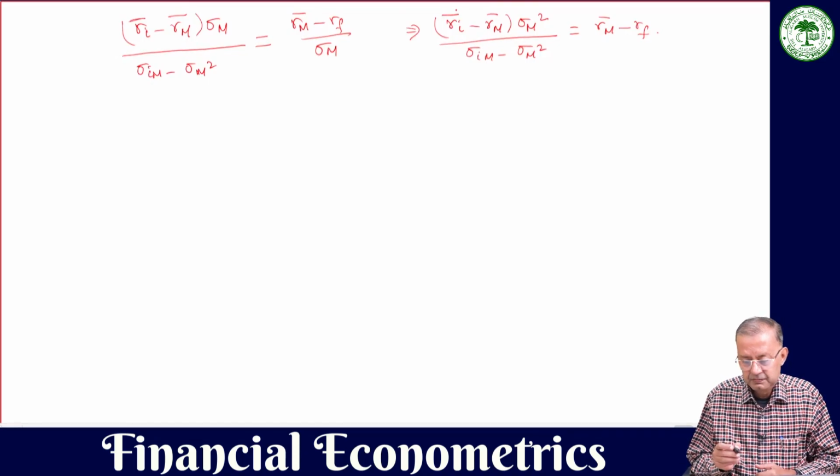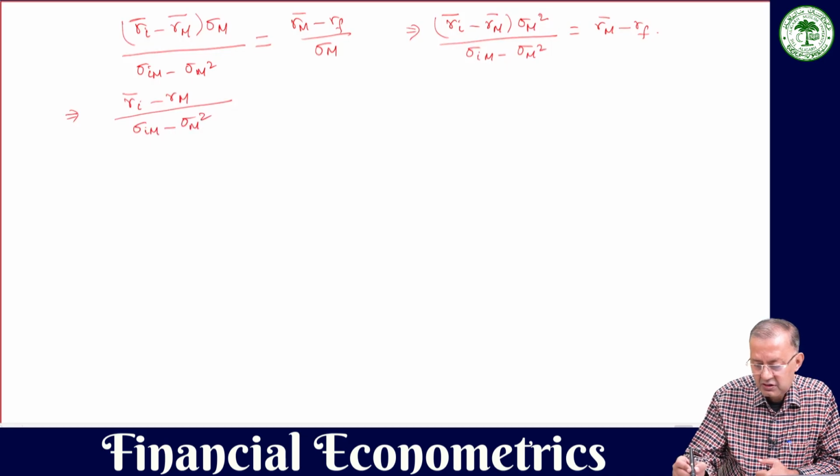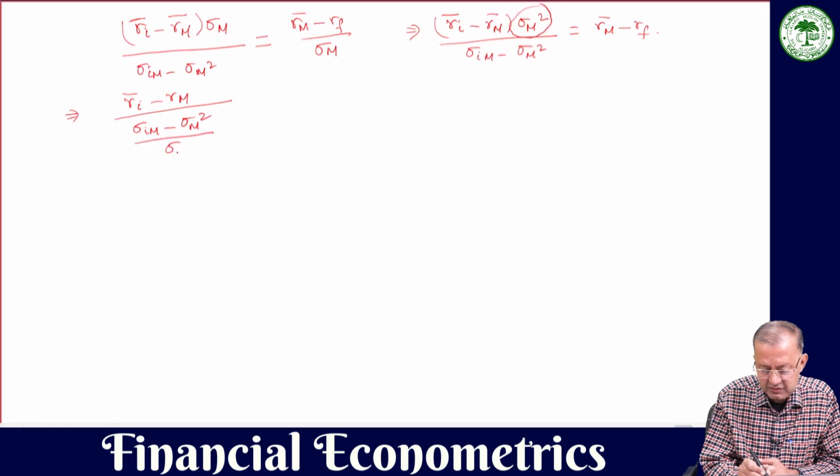Now this again we can write down as Ri bar minus Rm bar, sigma im upon sigma m square; this term in the numerator can be written like this.